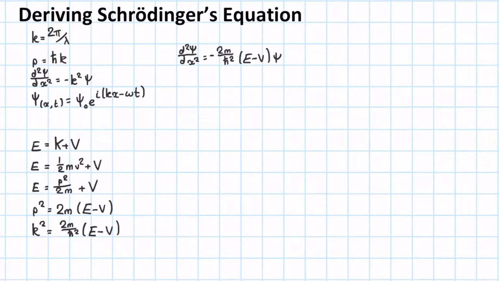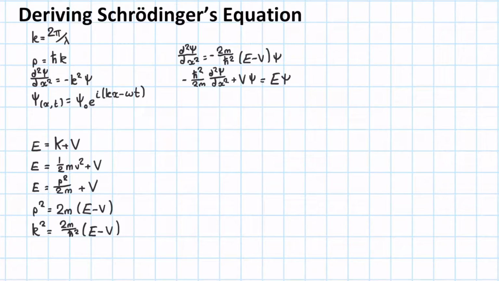Or equally, and this is perhaps in the more familiar form, that minus h bar squared over 2m d squared phi by dx squared plus V of phi equals E of phi.